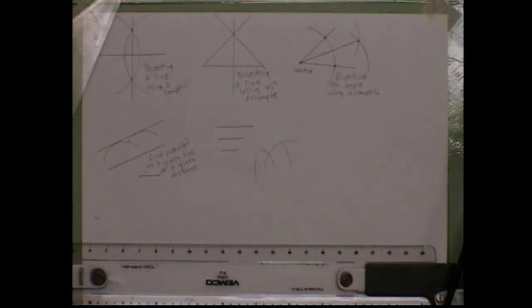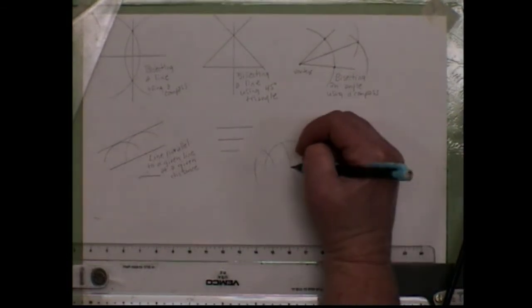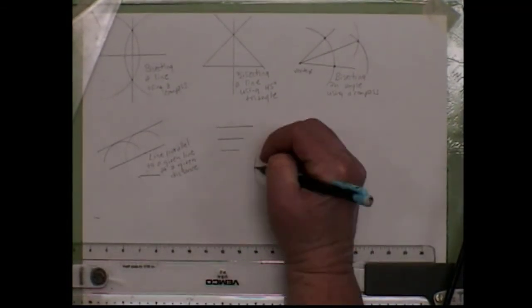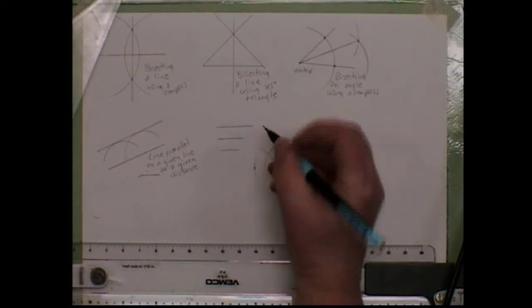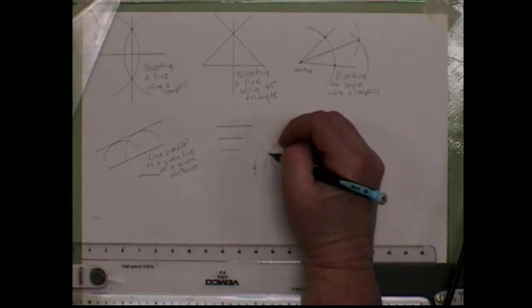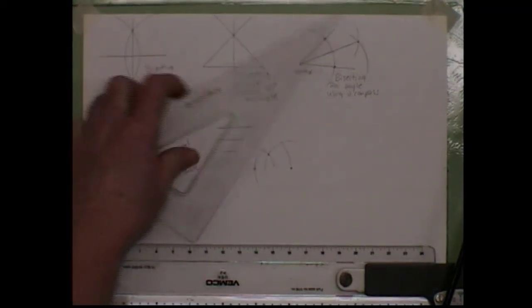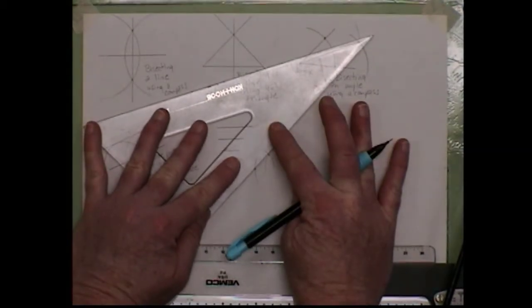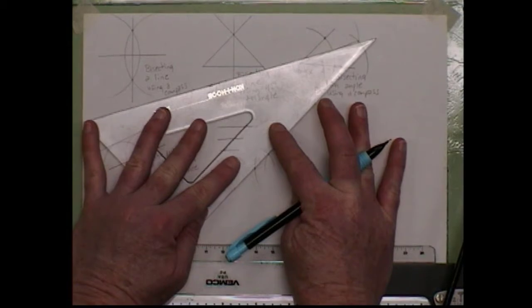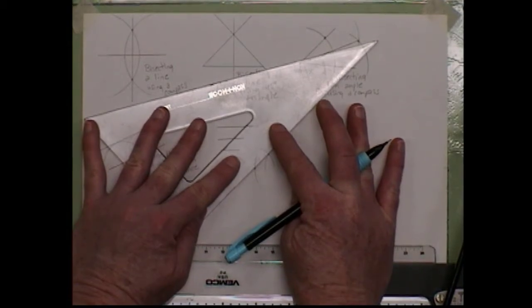So now we have 3 points. We have that end point, our starting point where we had our compass, and this intersection. So if we draw a line between those 2 points, just put your straight edge tangent to those points.